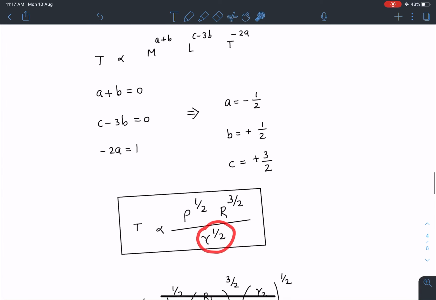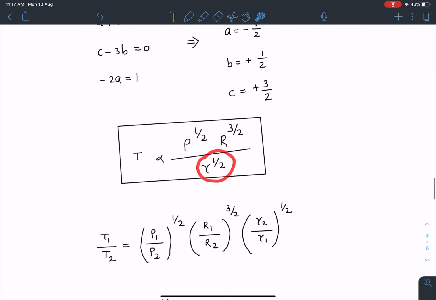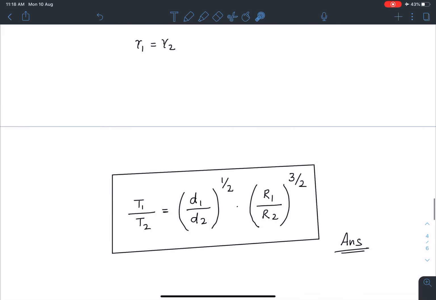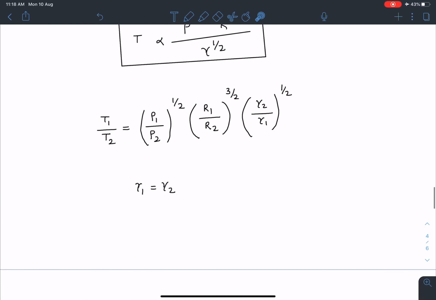So here when I take the ratio of T1 by T2, it will become (rho1 by rho2) to the power 1 by 2, (r1 by r2) to the power 3 by 2, and (gamma2 by gamma1) to the power 1 by 2. But since gamma2 and gamma1 are given equal, the dependency will be only on density as well as radius r.